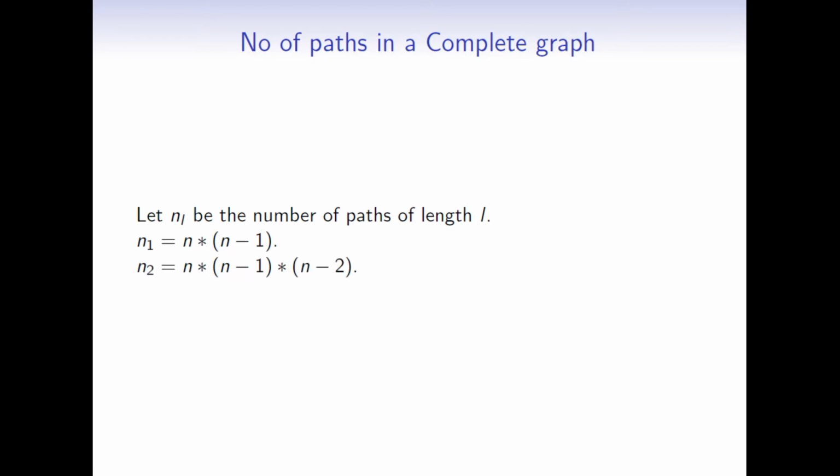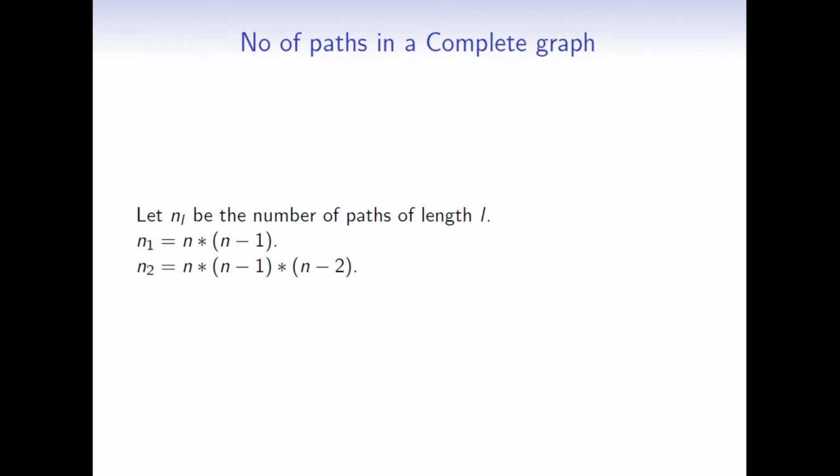How about N of 2? N of 2 is the number of paths of length 2. How do you get the number of paths of length 2? You take a path of length 1 and add one more edge to it. But I need a simple path, so I can't pick vertices which are already picked. The first vertex can be any one of the n vertices. The second vertex in the path can be any one of the n minus 1 vertices, except the one that's already been picked.